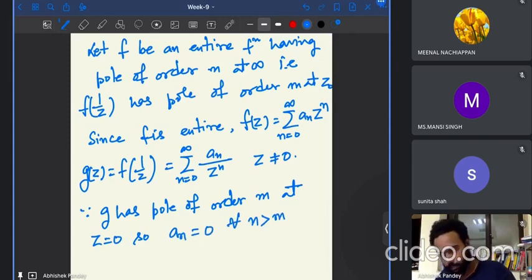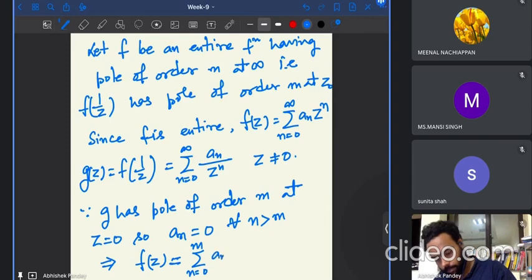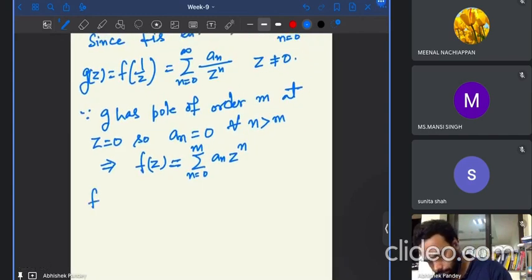And this implies f(z) is basically the summation n equals 0 to m of a_n z to the power n. So this means that f is a polynomial of degree m.